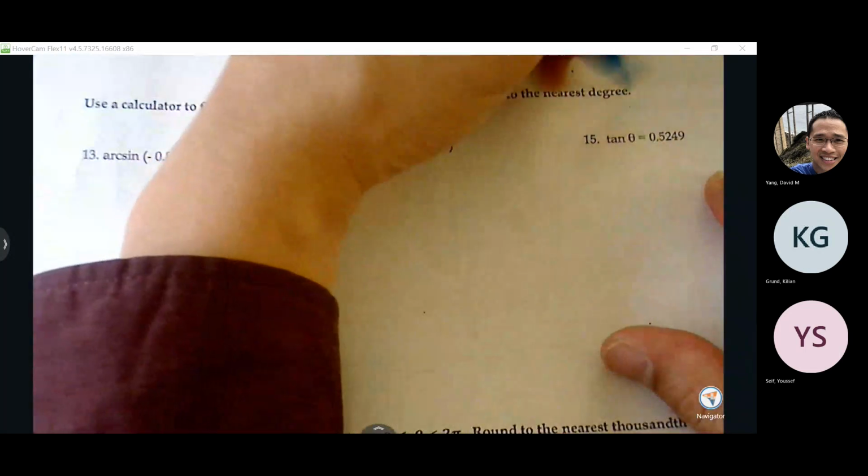Okay, back page, use the calculator to find values of theta. Want to make sure that we're in degree mode here. And there's degree.